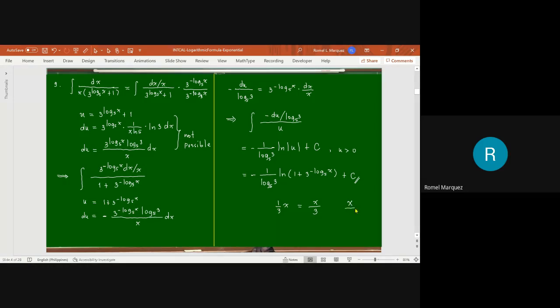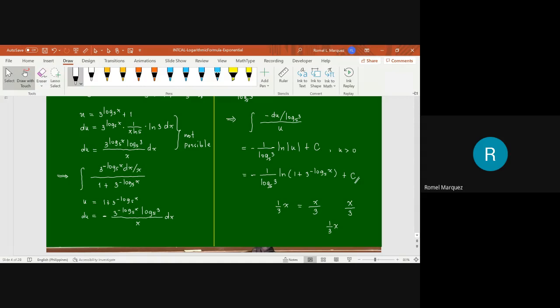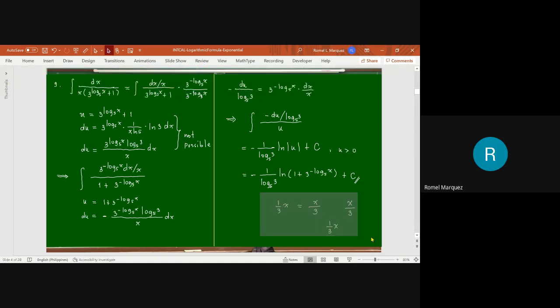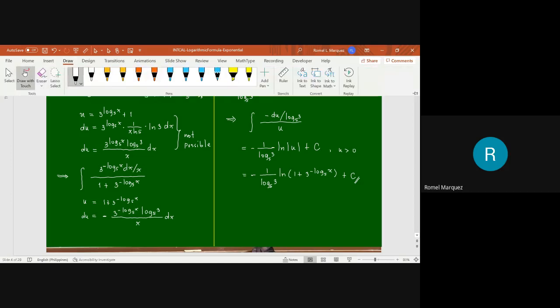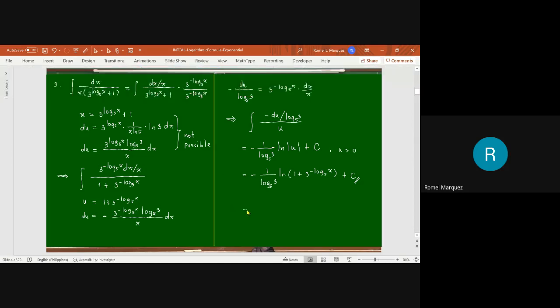Dapat alam niyo ang x over 3 ay paras ng 1/3 x. Okay? Okay na guys? Baka marinig tayo ng ibang school nakakahiya. Alam nila yun, baka sabihin naman, ay mga taga Don Bosco, hindi pala alam yung gano'n. Hoy, guys. Ay, joke lang ha. Pero dapat alam nyo ganun ha.